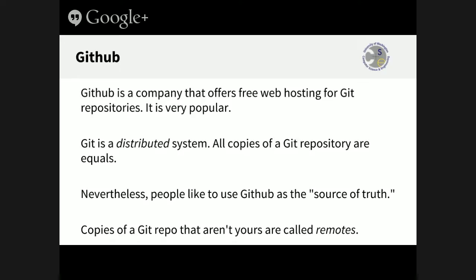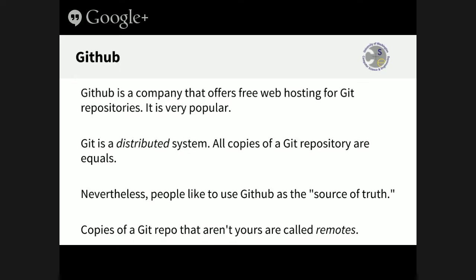We each have our own repository for the Amazon picking challenge, and how do we share code if none of us has the master branch, if we're all equals? Whose repository is the best? And so one thing that you do is you just have to pick one of them to be the best. And it turns out that you could just pick the one that's on GitHub to be the best one. So that's what I mean by the source of truth, basically.